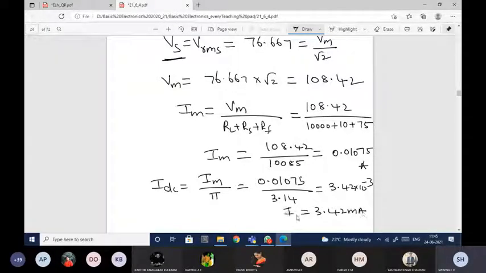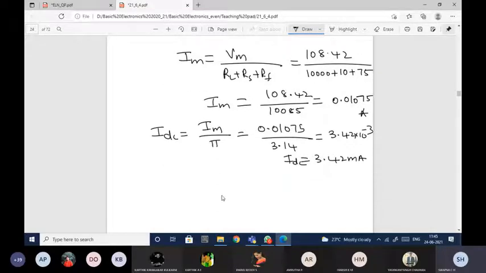This is your IDC. In the same way, I need to find VDC as well. VDC is nothing but IDC into RL. So IDC is 3.42 milliamperes, or 3.42 into 10 power minus 3, into 10k, and 10k is 10 into 10 power 3.